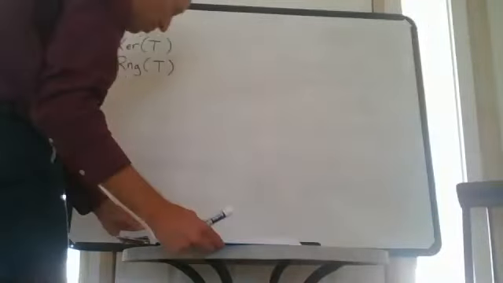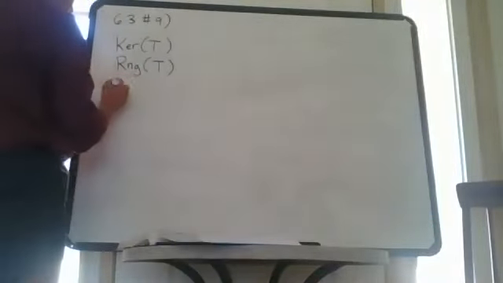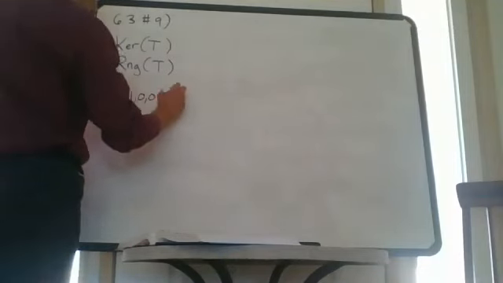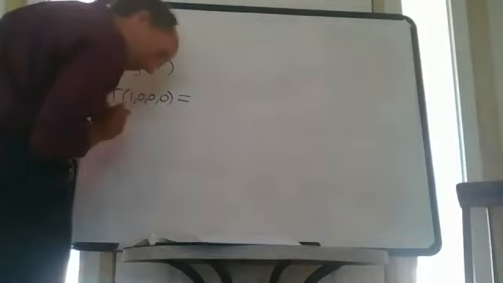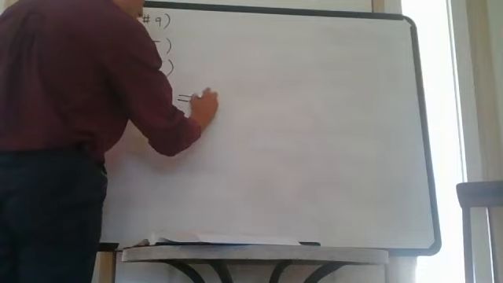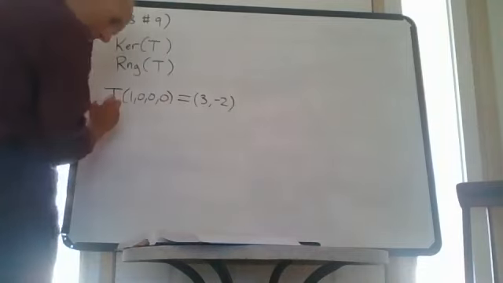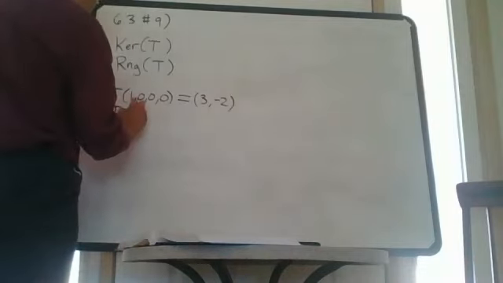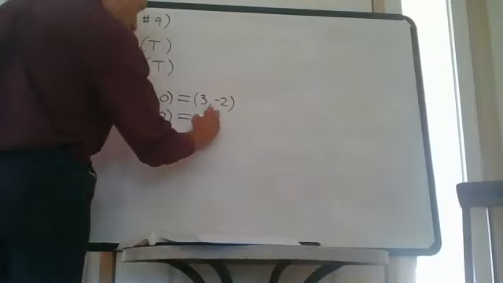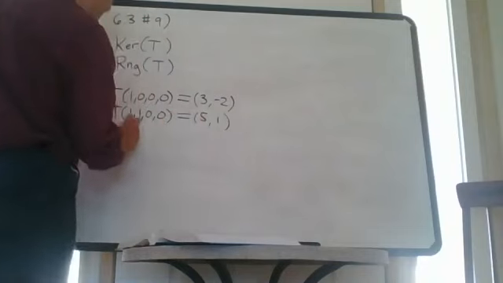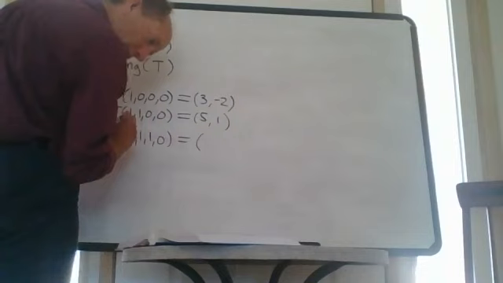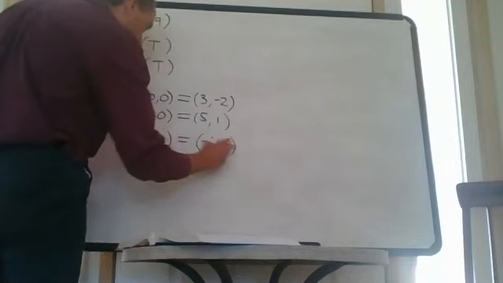So in problem 28 of section 6.1, what we were given is that our transformation sends the vector 1, 0, 0, 0 to 3, -2. And then it sends the vector 1, 1, 0, 0 to 5, 1. And then it sends the vector 1, 1, 1, 0 over to -1, 0.